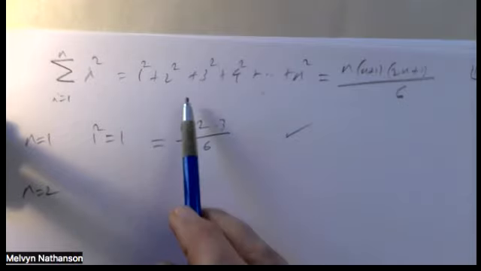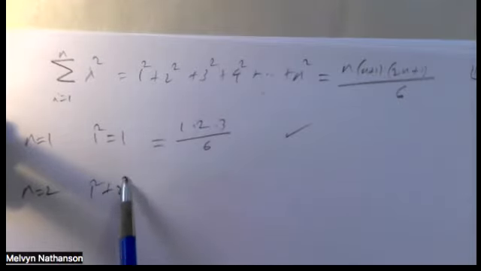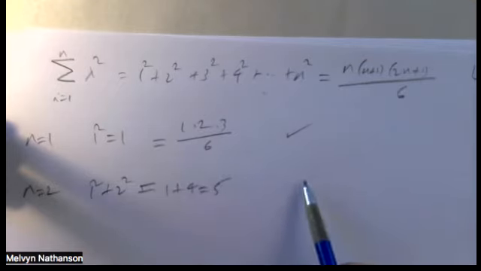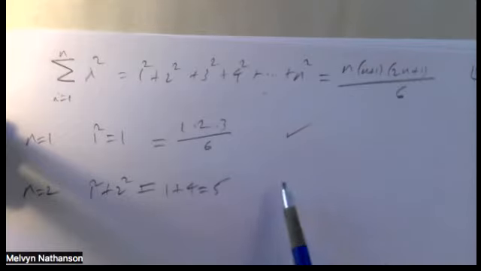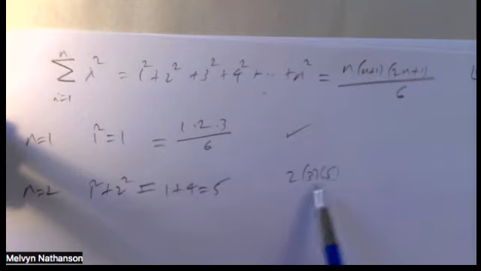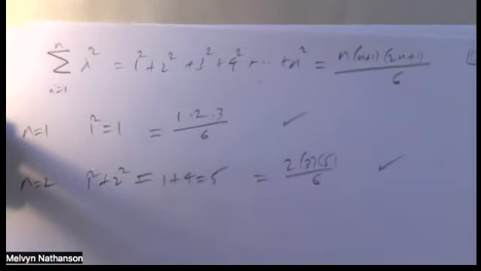When n is equal to 2, on the left, that's 1 squared plus 2 squared, that's 1 plus 4, which is 5. On the right, when n is 2, you have 2 times 3 times 5 over 6. This is 30 over 6. This is also 5. So it checks.